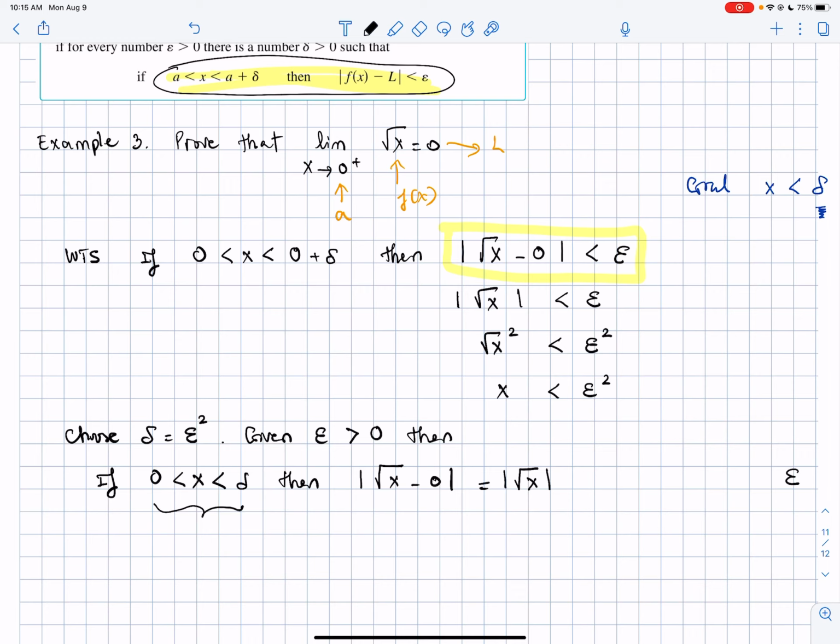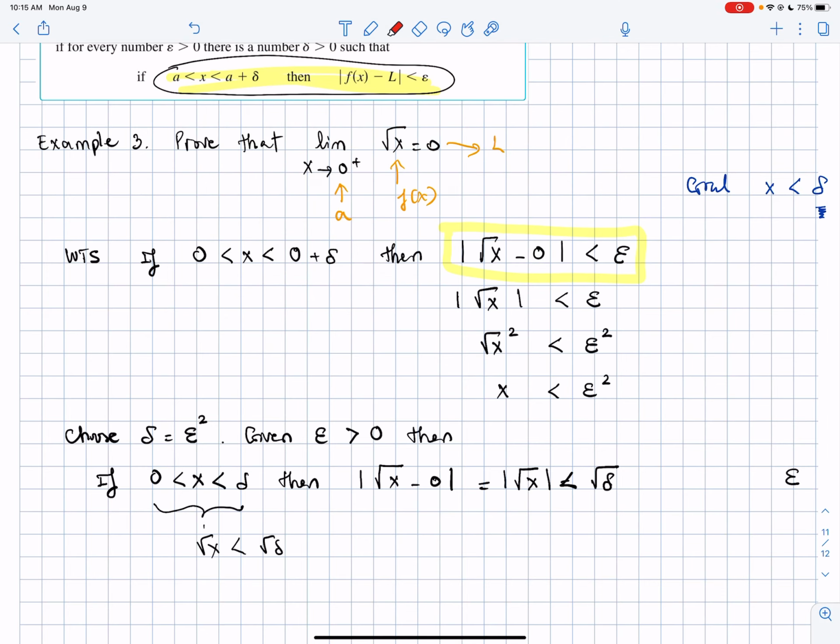And what do we say about x? We have x less than delta, so square root of x is less than square root of delta.